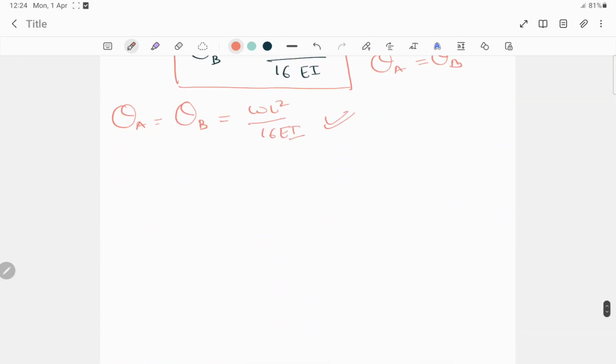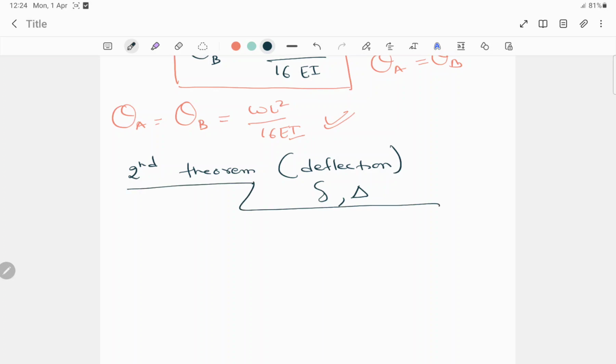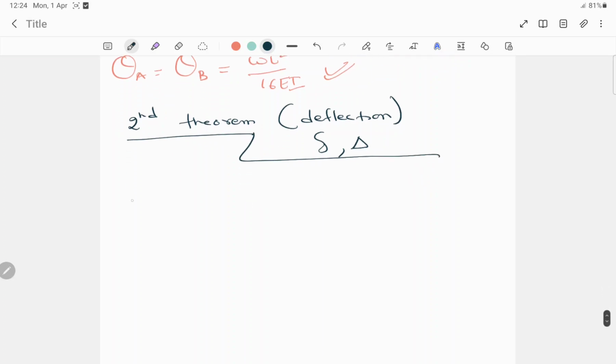So we have to apply the second theorem, and the second theorem is for finding the deflection. The deflection term is denoted by delta, and we can use either symbol.